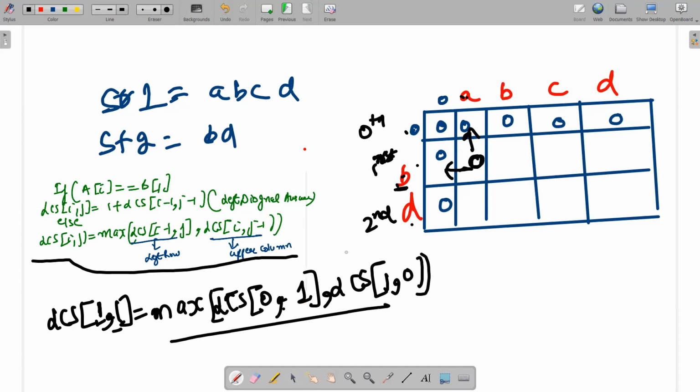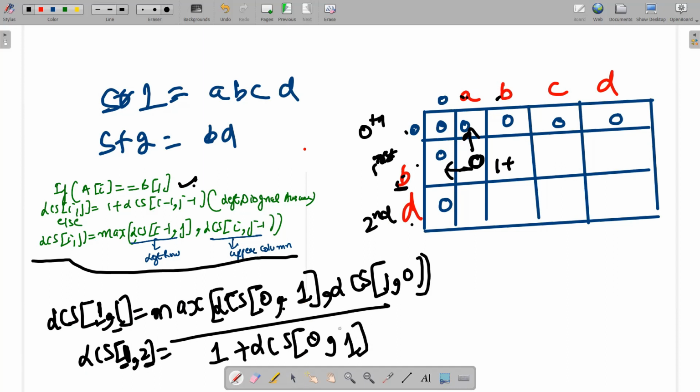Now the concept is I'm calculating LCS of 1 and the second column. Here B is compared with B and they have a match. In that case, the answer would be 1 plus LCS of i minus 1. It means if I'm calculating 1 comma 2, i is 1, 1 minus 1 is 0, and j minus 1, 2 minus 1 would be 1.